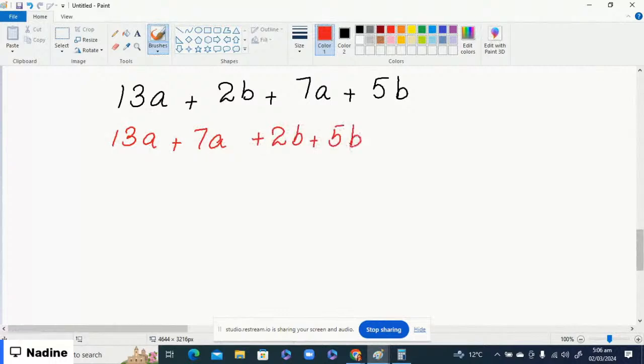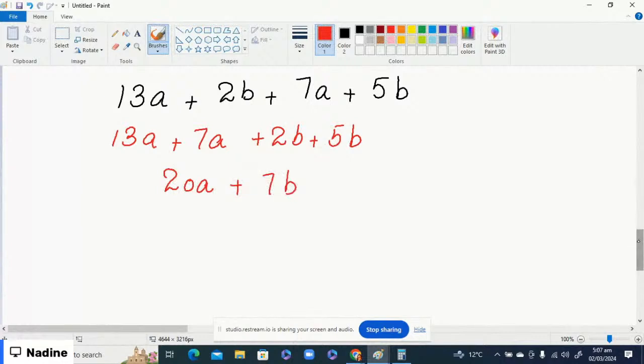So 13a plus 7a, what is the answer? It's 20a plus 2b plus 5b is 7b. Okay, and that is your answer.